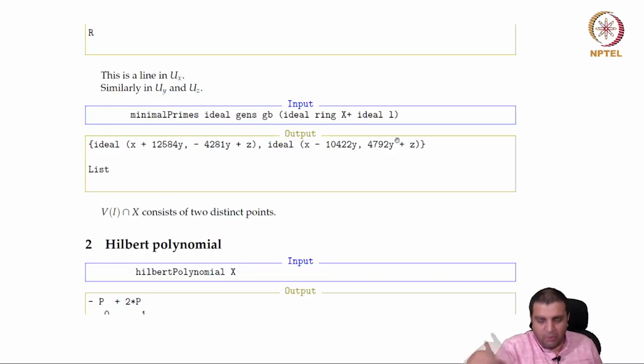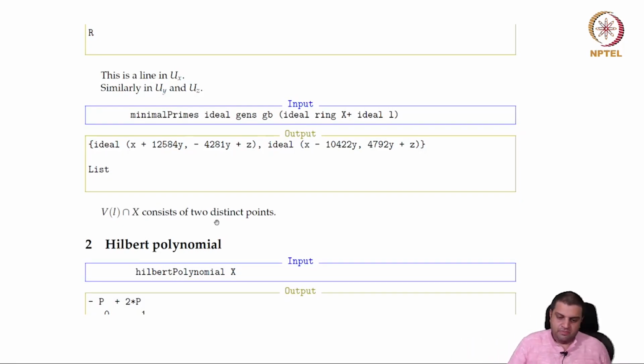So this is also a point, and its multiplicity is 1, because if you write out this ideal and compute its Hilbert polynomial, we would just get P0. Okay, so VL intersect X, this is what we had mentioned in the theorem, consists of 2 distinct points. So this is the theorem from the previous lecture.